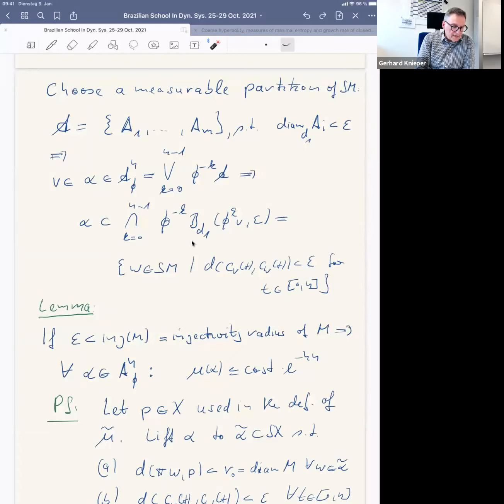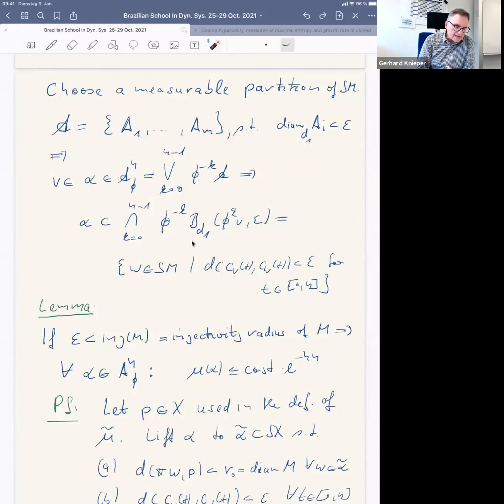An element alpha of this refined partition is in the intersection of balls of radius epsilon around the orbit points phi^k v, pulled back with the geodesic flow.